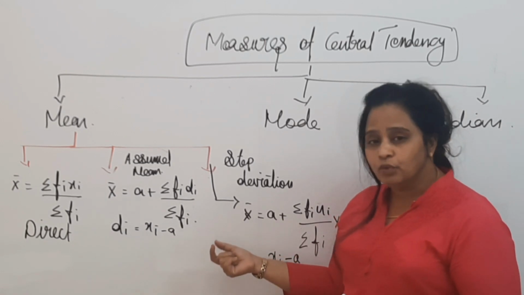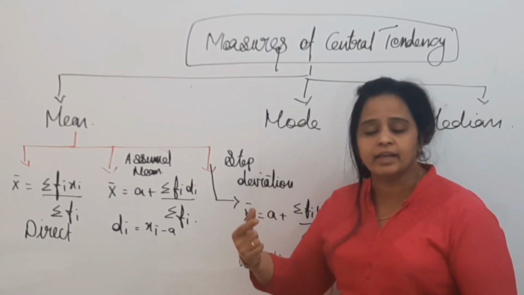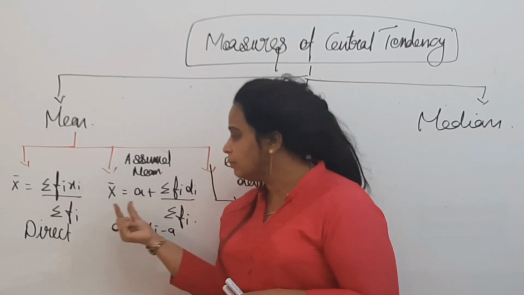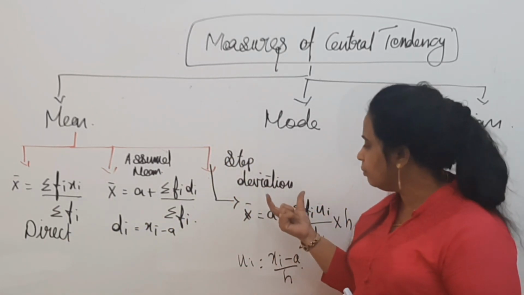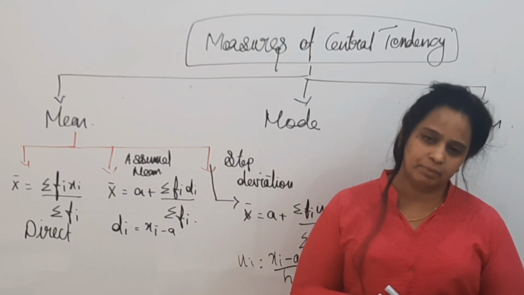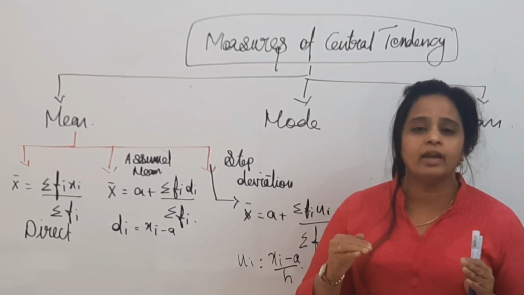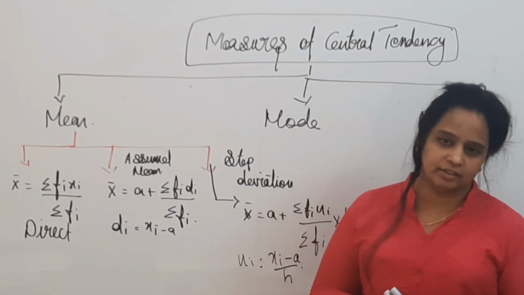If they have not specified, I give you the clue: if it is a 2-digit number, direct method; 3-digit number, assumed mean method; 4-digit number, step deviation method. Hope my children are aware of when to use these methods.